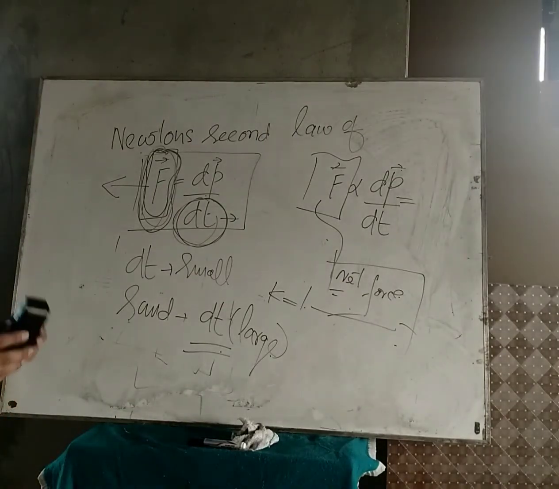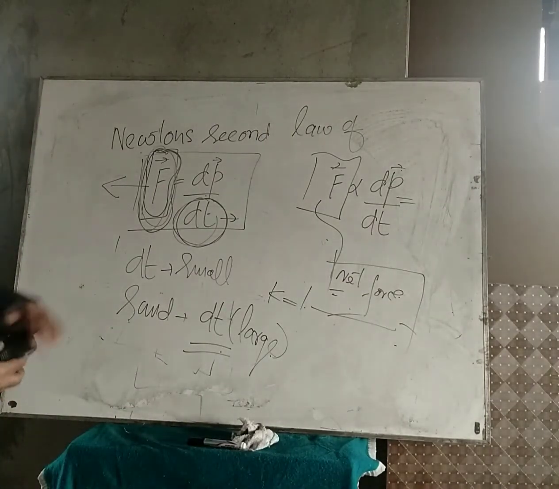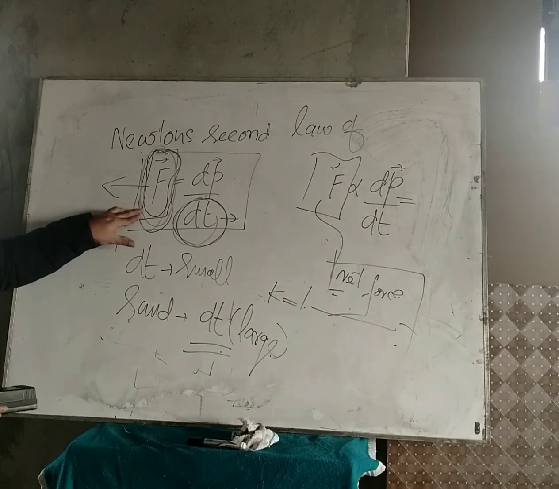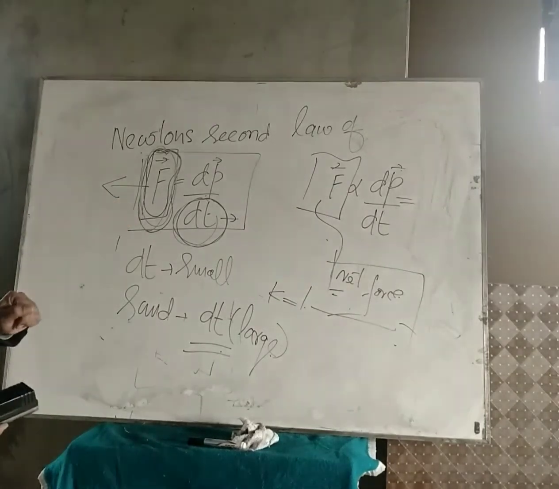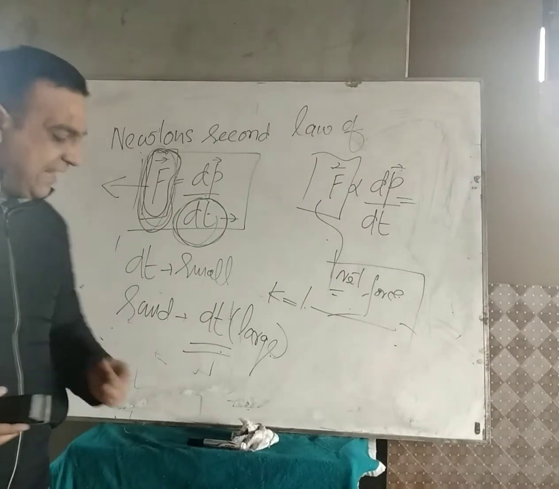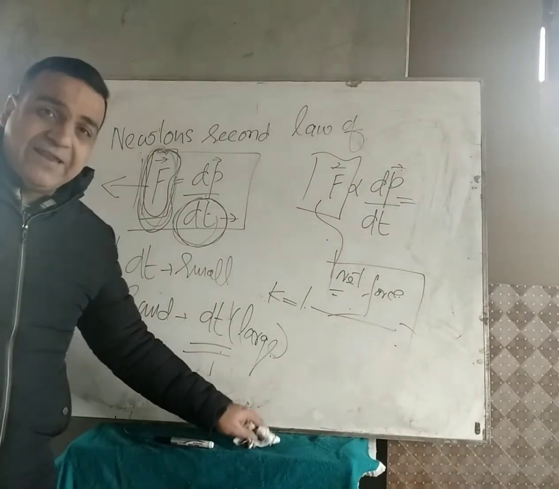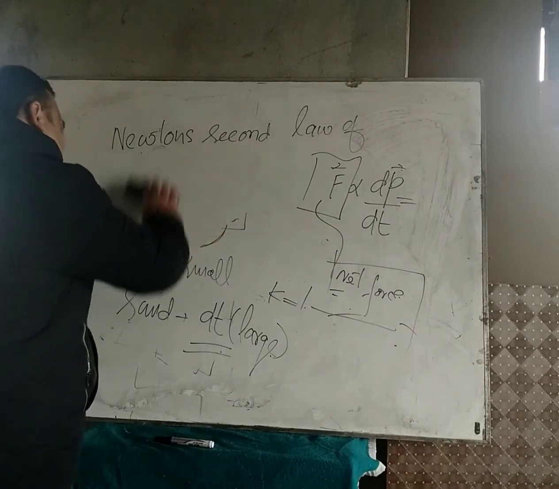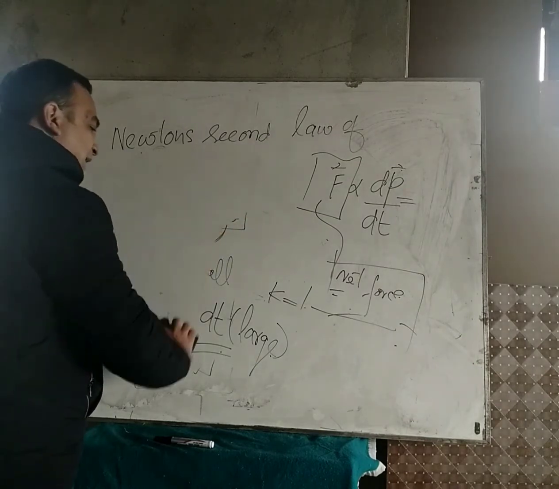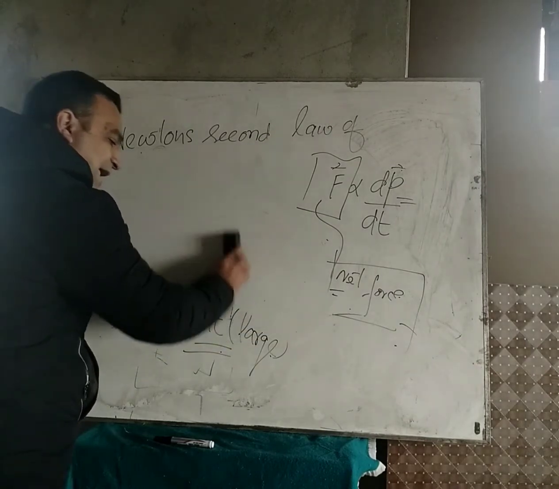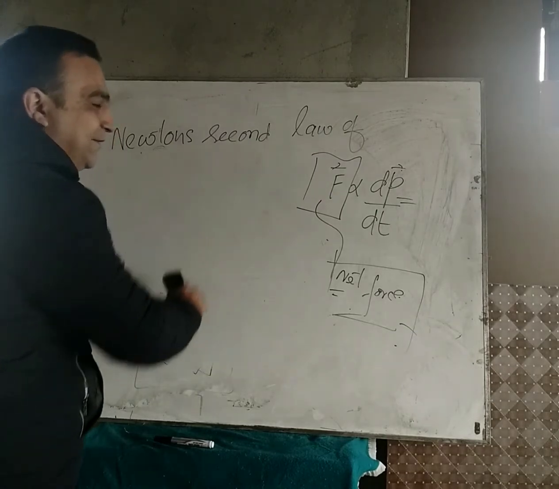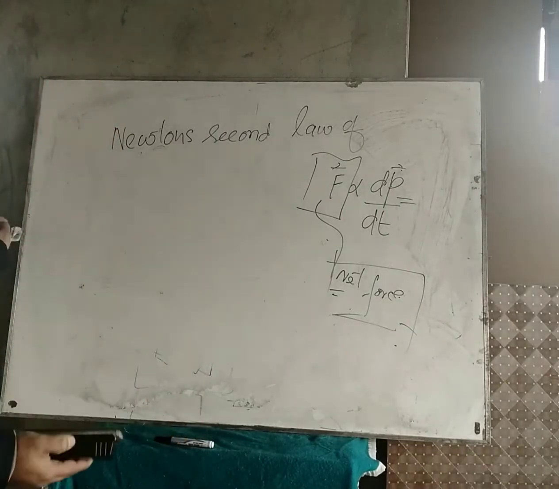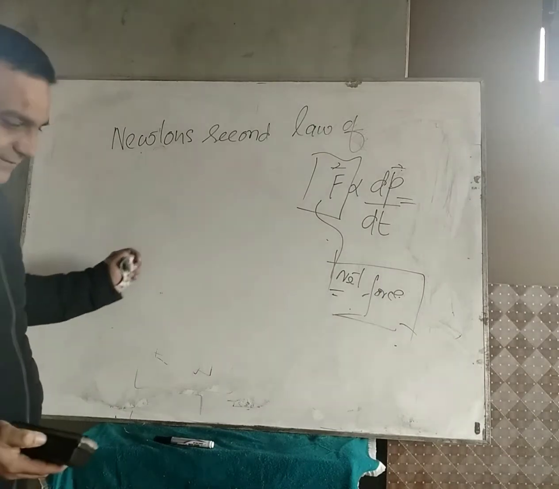Now, let's try to understand this net force problem. And the best example for this will be the problem of a lift. A person is in a lift, and this lift is going up, or coming down, and at some point, the wire with which this lift is going up, the wire cuts.